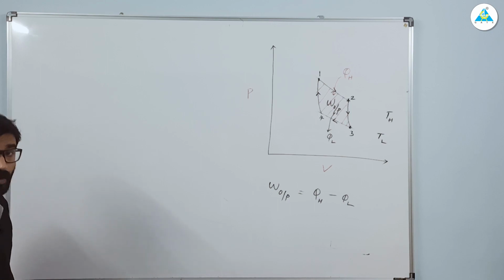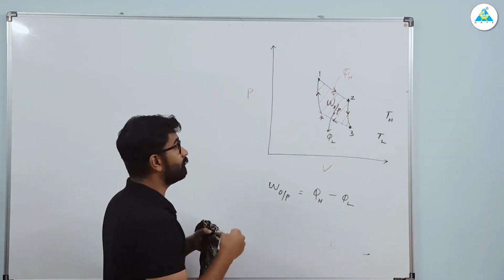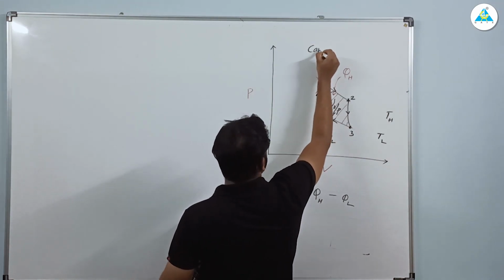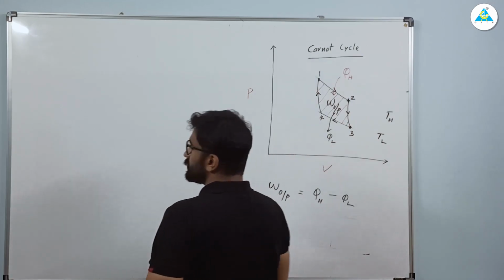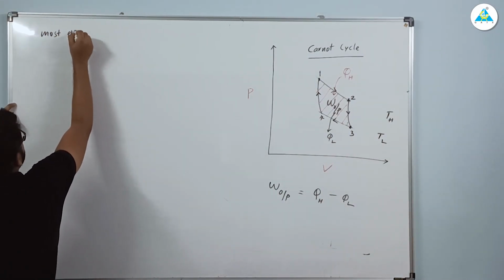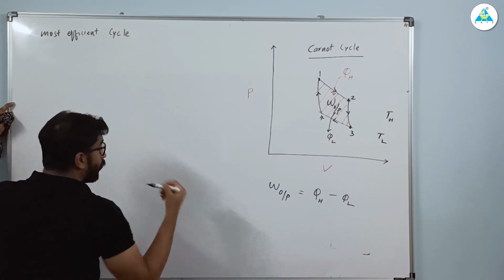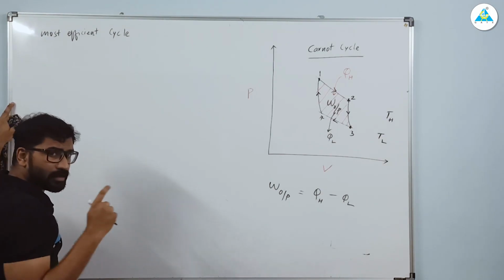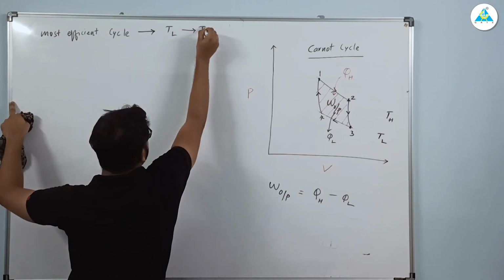Done. Now, because the Carnot cycle is a reversible cycle, remember, whatever we discussed, the Carnot cycle will be the most efficient cycle, or the Carnot cycle will have the maximum efficiency when it is working between TL and TH.